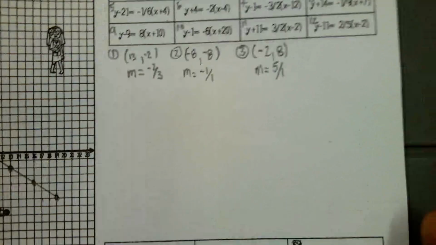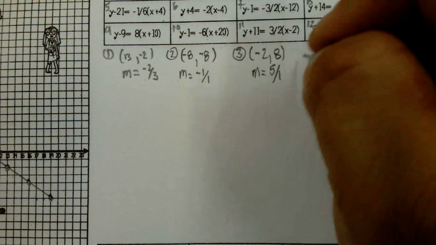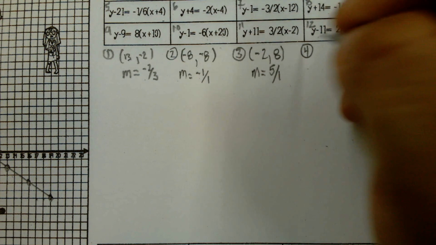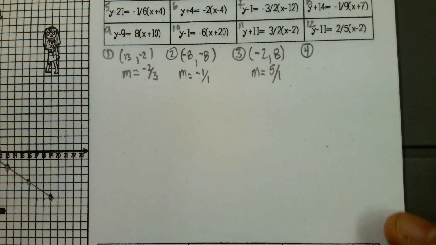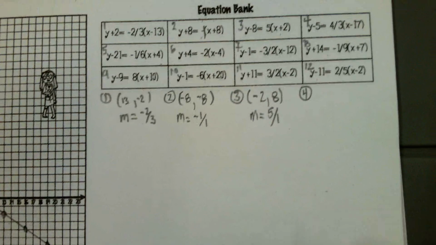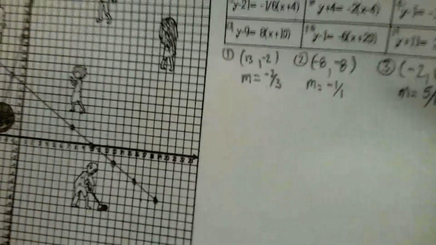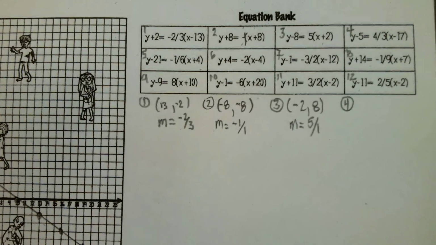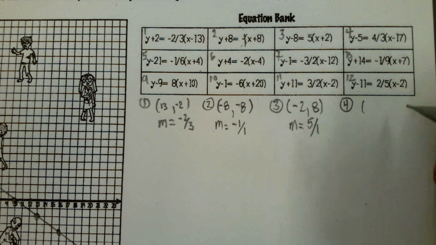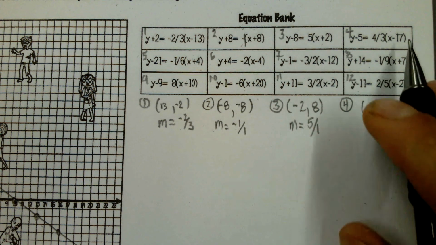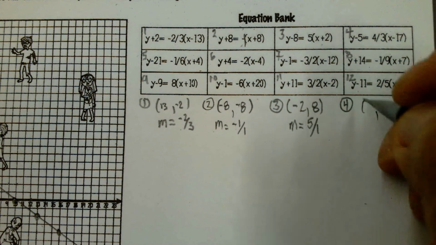Okay, this will be the last one I work with you. Number 4. And let's see here. We want a point. The point is 17, comma 5.